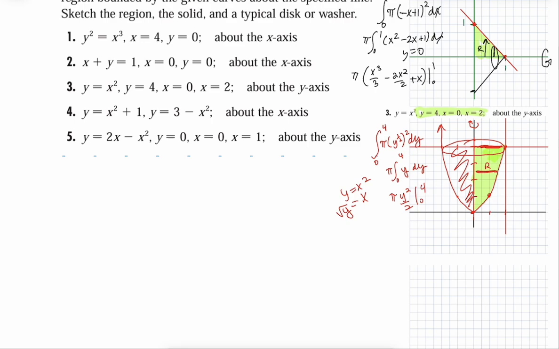Let me see if there's one that has inner and outer radius. No, they all might be washers. I mean, discs like this. I don't think I actually did any inner outer radius ones.